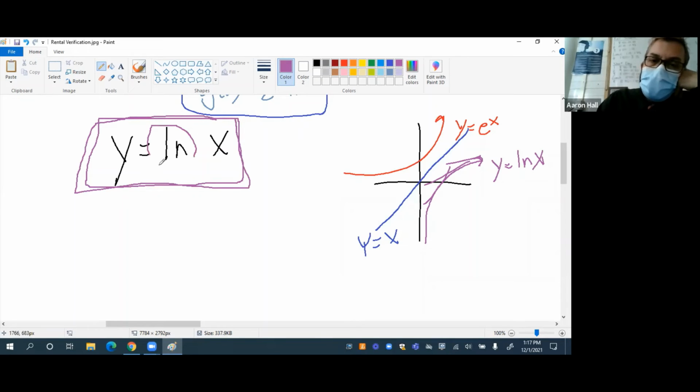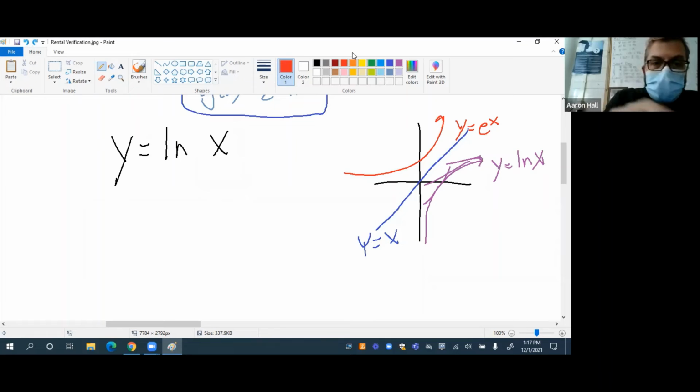What's the inverse of ln? E to the x. Yep. So on both sides, I'm going to do an e like this. These are inverses. They undo each other. And that gives me then e to the y equals x.